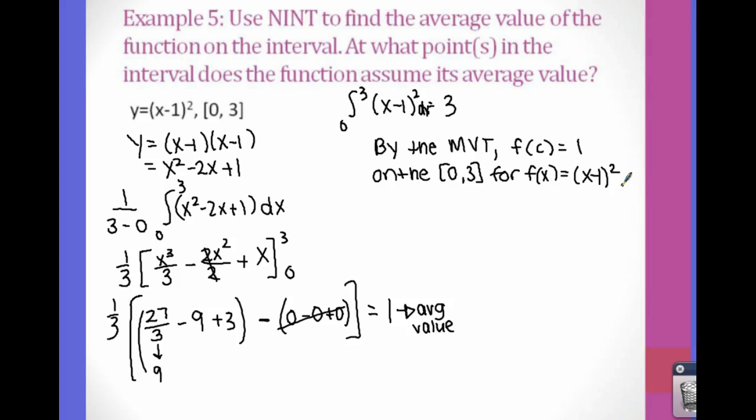It says at what point in the interval does the function assume its average value? So to find that point, f of c has to equal 1, therefore x minus 1 squared has to equal 1. So what x value is going to make that true?